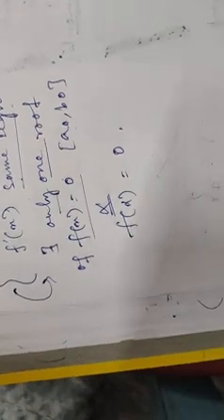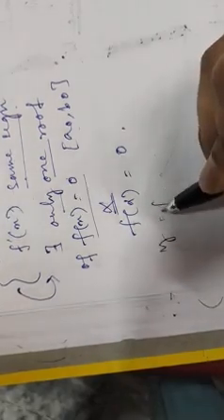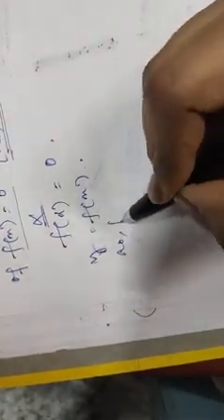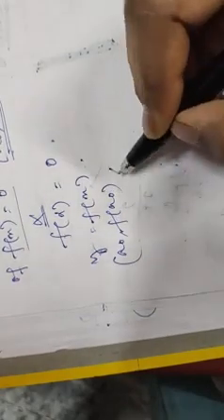The whole method is based on the assumption that the graph y equals f x in the small interval a0, b0 can be represented by the chord joining a0, f of a0 and b0, f of b0. Suppose we have this graph in two dimensions.